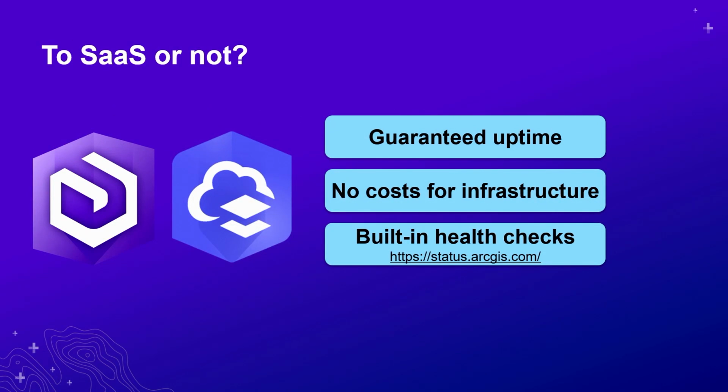Finally, what's important to indicate is that, given all these different approaches, something that should be considered is whether you should take advantage of software as a service or not. There are obviously some benefits and some downsides to taking advantage of ArcGIS Online. First, you have a guaranteed uptime, no cost for infrastructure in terms of managing your own machines and their uptime. There are built-in health checks within ArcGIS Online.